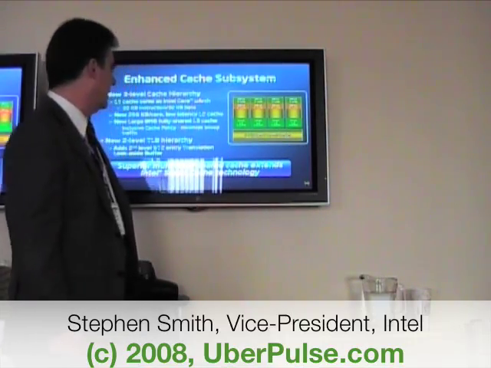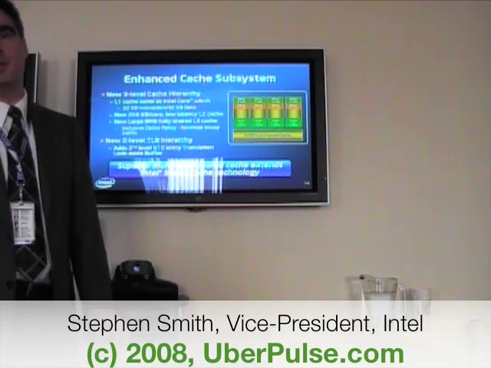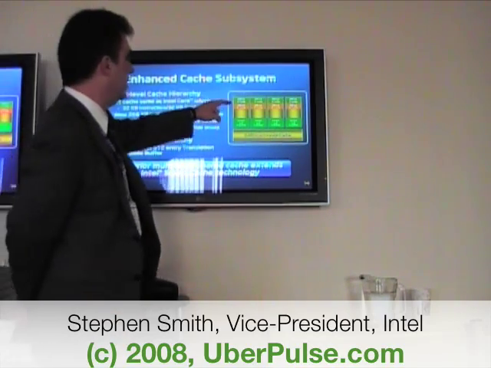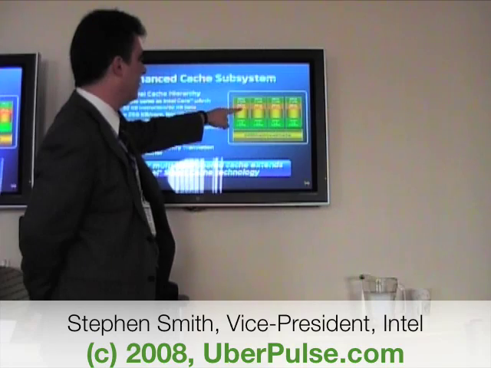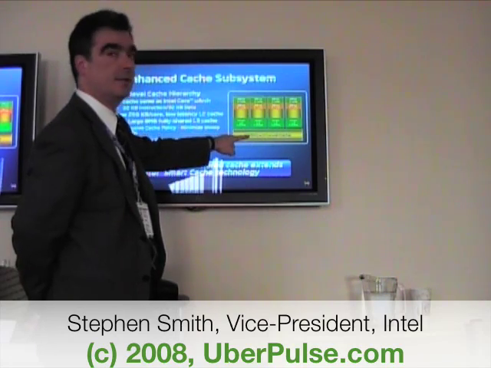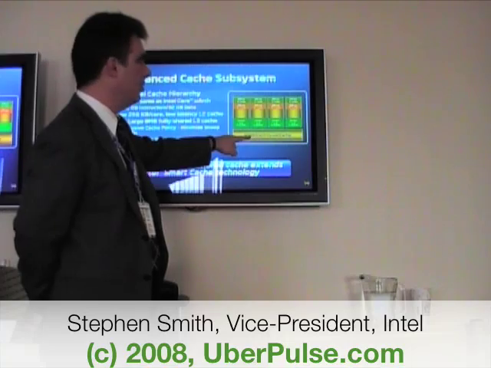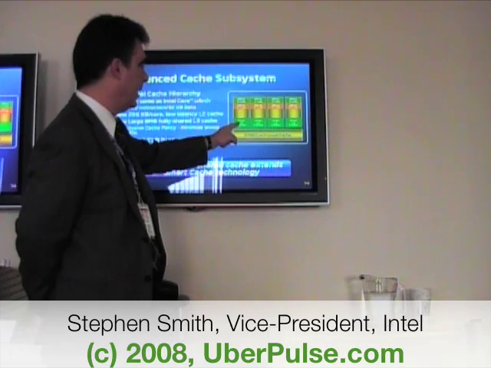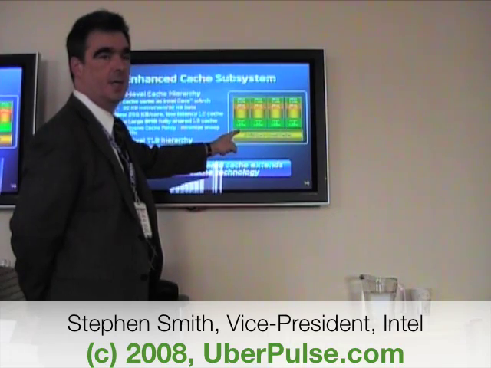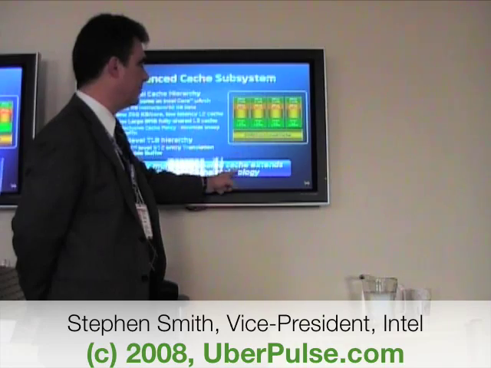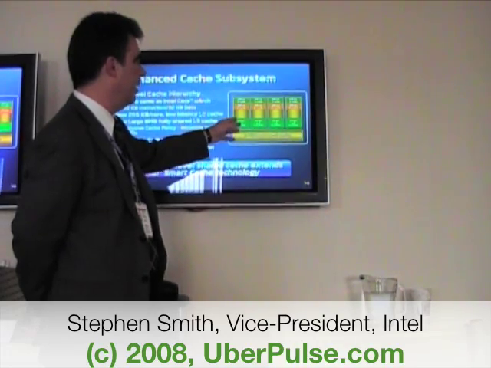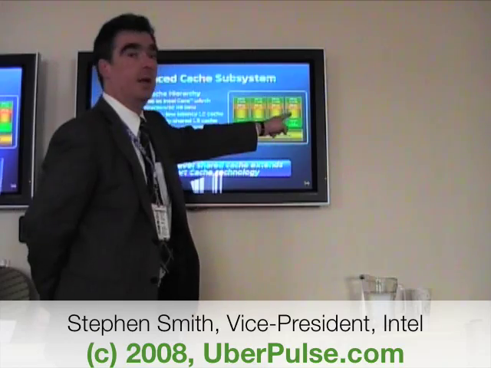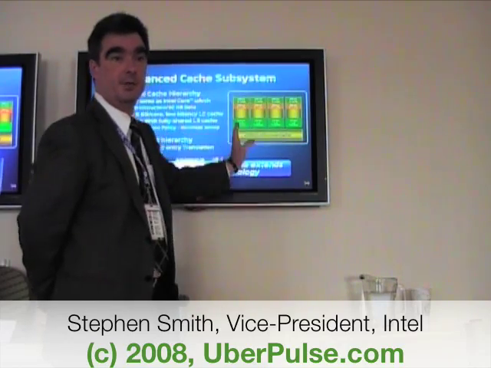The other thing that's interesting is it's an inclusive cache policy, meaning if there's data cached here, that's also reflected here and also reflected in the last level. The reason that that's cool is that if this core needs some data, it pulls the last level cache, finds the data's not there and has to go out to snoop to memory, you automatically know that that data is not here, not here, and not here because of the inclusive policy.